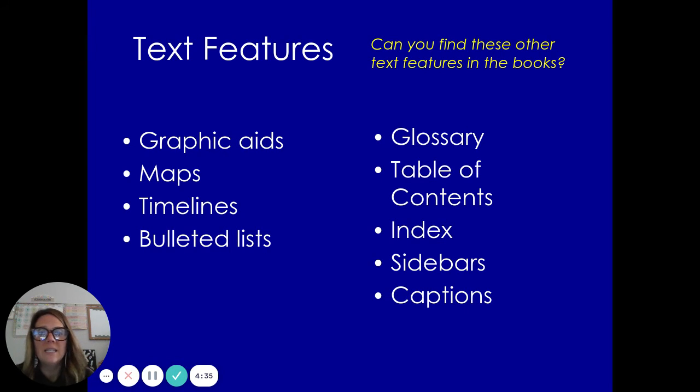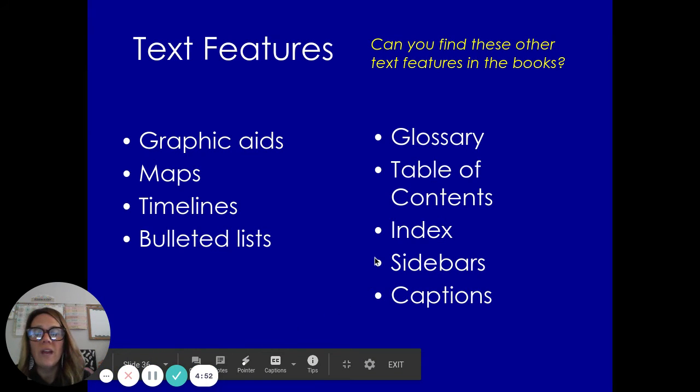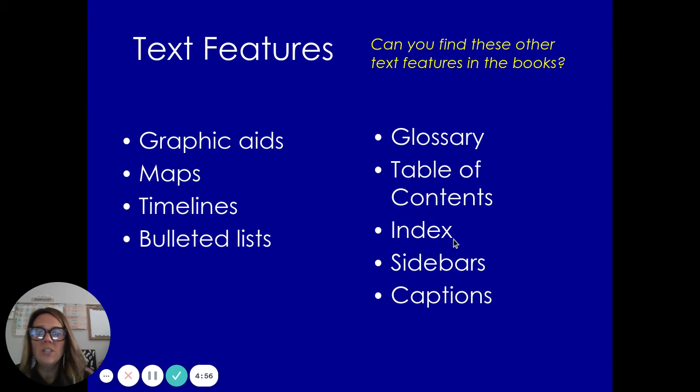The table of contents. The table of contents is found in the beginning of a book, okay? And this tells me what page number different chapters or different titles of the chapters are found on. Okay, we have an index. An index is also found usually in the back of a book. Okay, and this will tell you the page number for different words or different specific things you're looking for in a book.